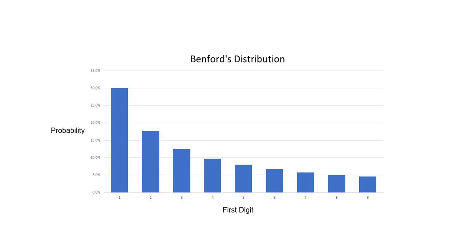And it works very well when you have combinations of numbers being multiplied or added together to form the final number. Benford's distribution tends to not work very well when numbers have a built-in minimum or maximum, they're rounded off, or they're subject to some sort of psychological threshold, like everything ends in 99 cents.